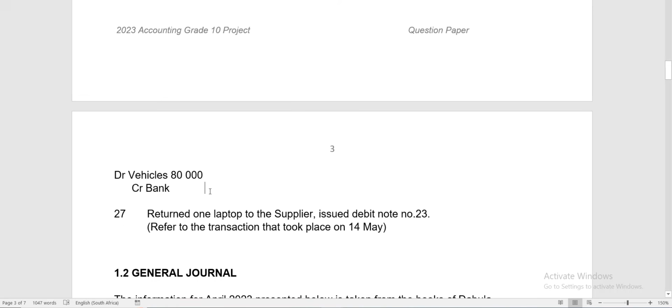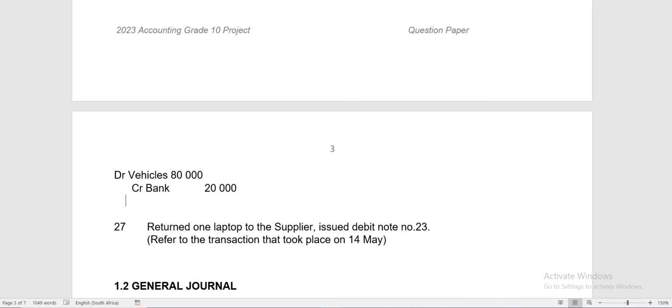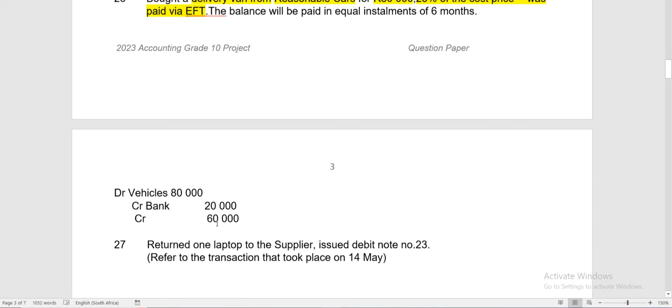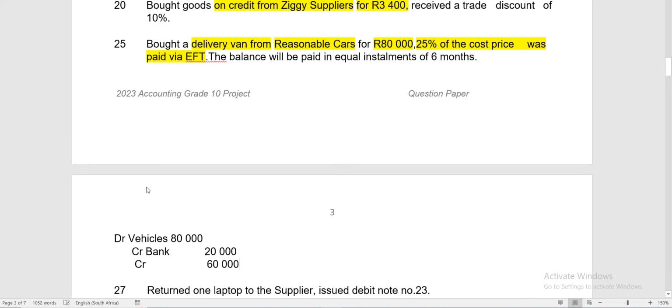So bank will be credited with the 20,000, and the remaining credited amount will be for what is bought on credit. For this to become 80,000, we need 60,000. So the remaining balance that was bought on credit is the 60,000 part.